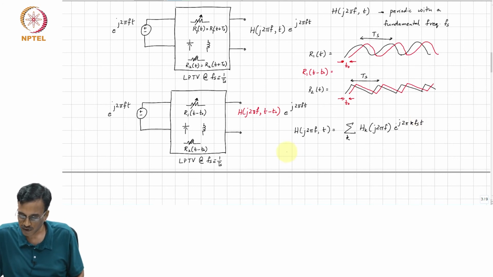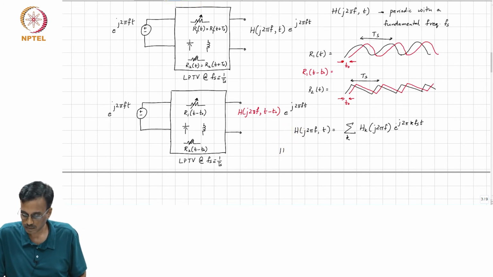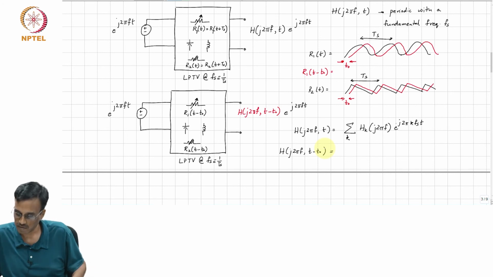So, therefore, if I simply delay this waveform, what would you expect? t will be replaced by t minus t naught. Very simple, you just replace t with t minus t naught.